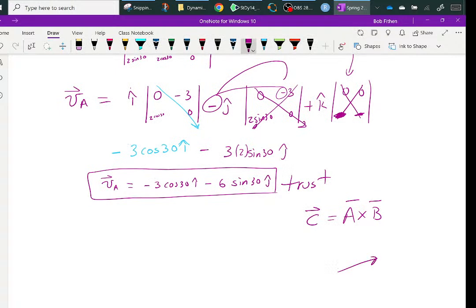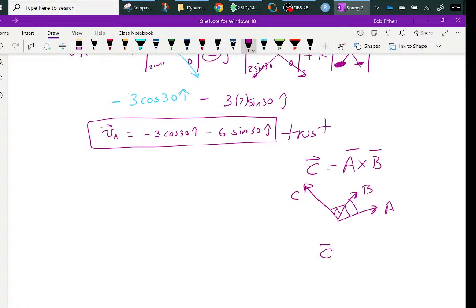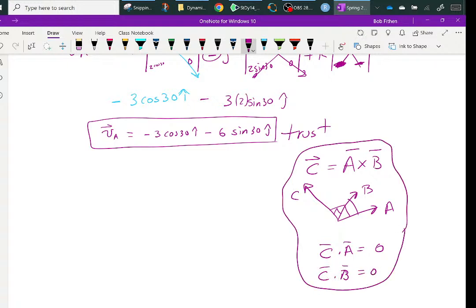If you take a vector A, you take the vector B, and you're crossing it, you're going to get some vector C, but that vector C is going to be perpendicular both to A and B. In other words, C dot A, because they're 90 degrees apart, is going to be zero, and C dot B is going to be zero. So we'll use this kind of concept to see if I can figure out if I can trust this. Can I trust this?